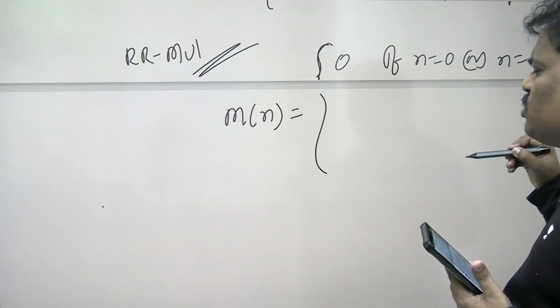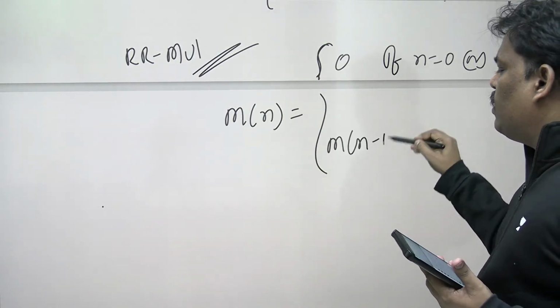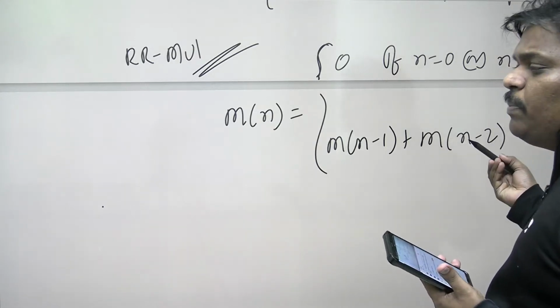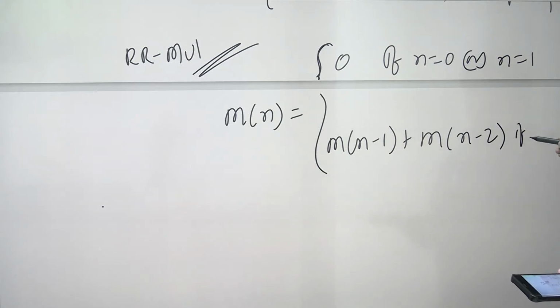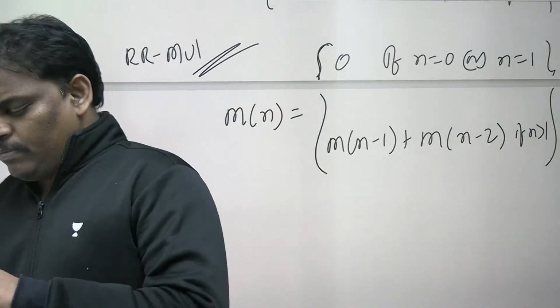If you come to the else part, nowhere multiplication. It's going to be M of n minus 1 plus M of n minus 2, because no multiplication, plus 0 means nothing. If n is greater than 1. So this is the recurrence relation.